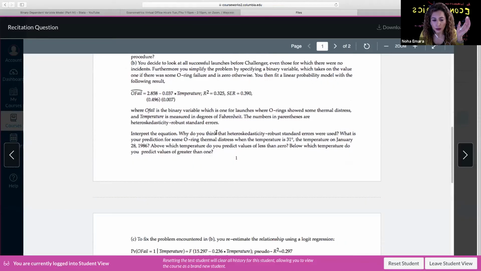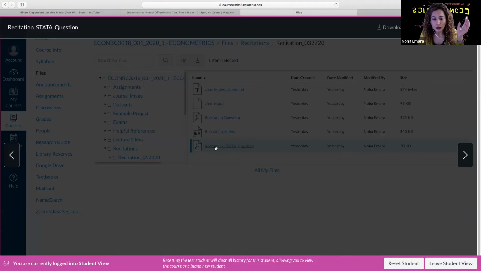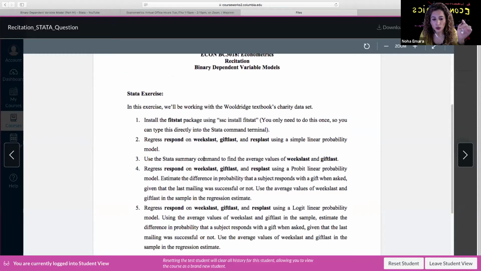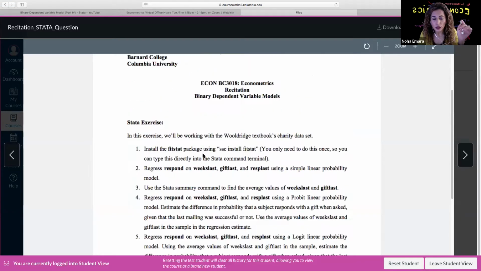You will go over it with Qasim tomorrow, and it's going to be repeated on Monday. We also have the Stata question. I told him to start with this one first, and then if time permits, he will go over the non-Stata question.